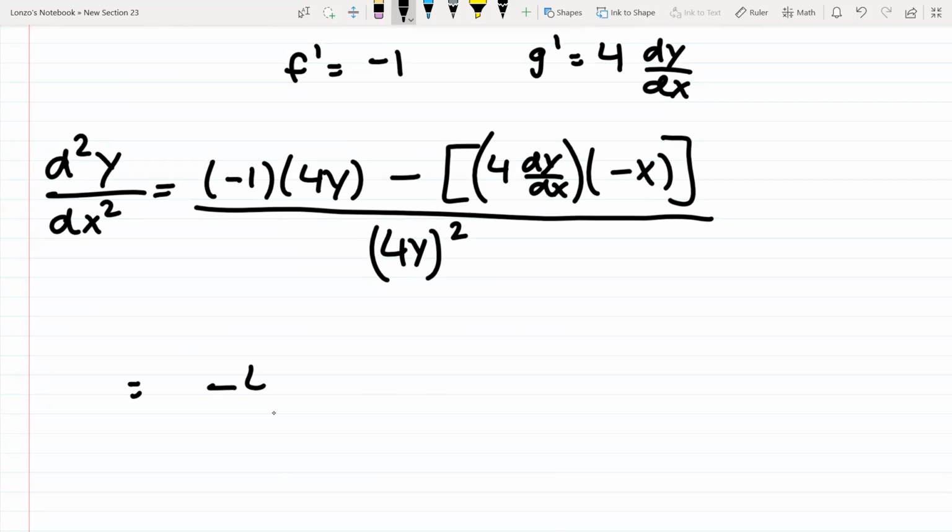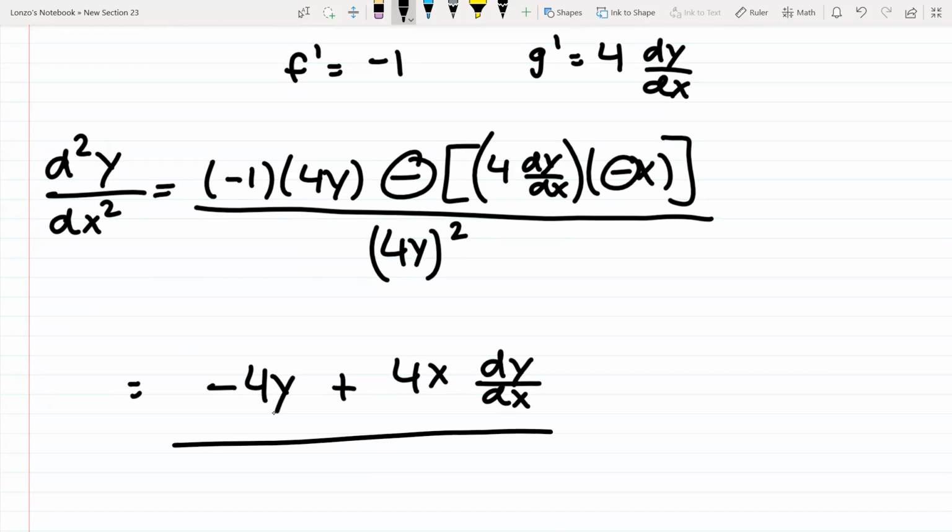So this is negative 4y. And then when you FOIL this out, 4 times negative x is negative 4x, and a minus and a minus is going to be positive 4x dy over dx, all over 4y squared, which is 16y squared. Now this dy dx, we can substitute that value.